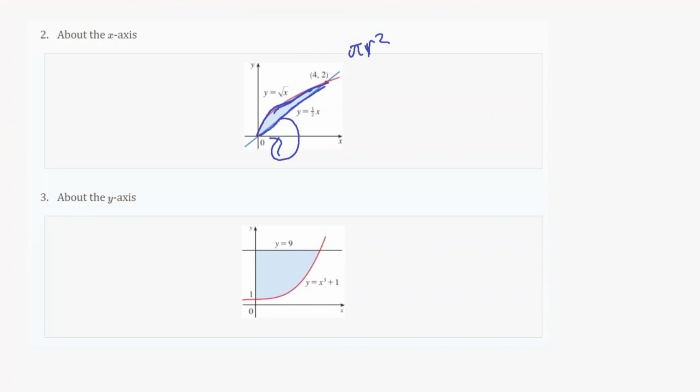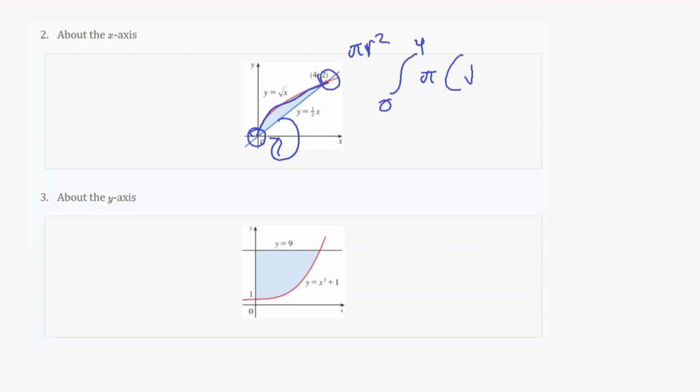So first let's set it up. Our limits of integration are going to be 0, which is where it intersects, and it intersects again at x equals 4. And now we're going to have pi, and the radius is going to be figured out using both these equations. We have square root of x on the top, which is our top equation.